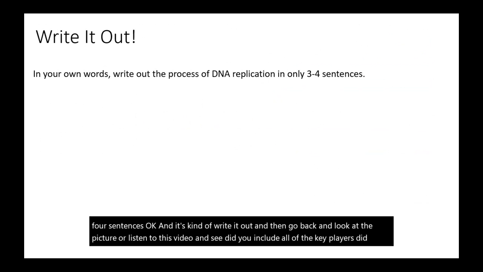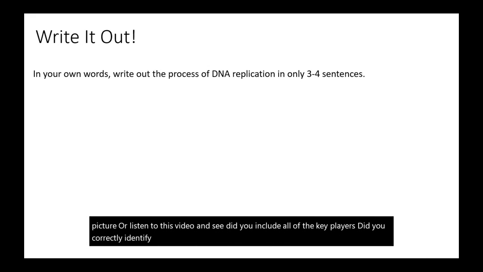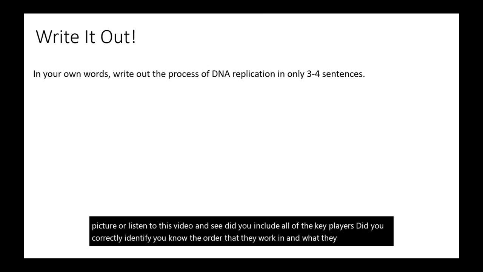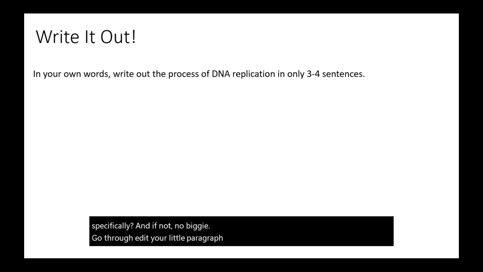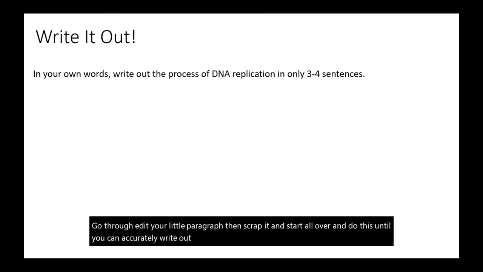Did you correctly identify the order that they work in and what they do specifically? And if not, no biggie, go through, edit your little paragraph, then scrap it and start all over. And do this until you can accurately write out this process from memory.